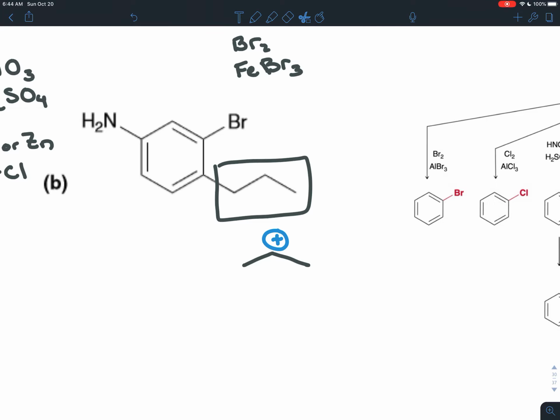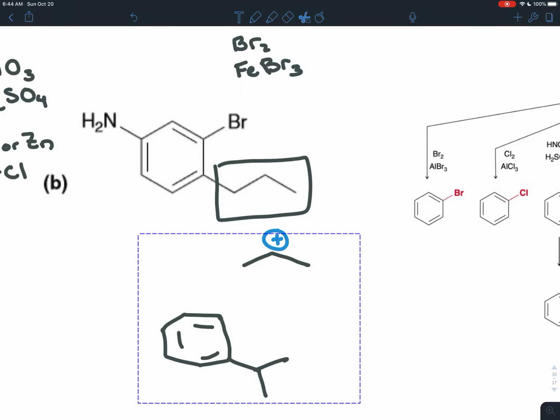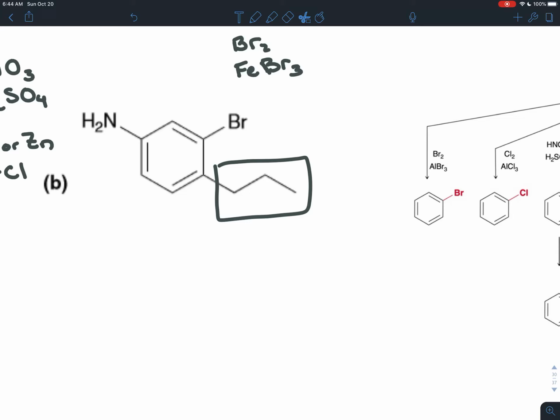And so you'd get a rearrangement there. And that branch would not add as a propyl group, it would add as an isopropyl group. So if you did Friedel-Crafts alkylation, you would end up getting this branch, not the one that they have here. So we can't do Friedel-Crafts alkylation because there would be carbocation rearrangement, and it would give us an isopropyl group instead of this regular propyl group.